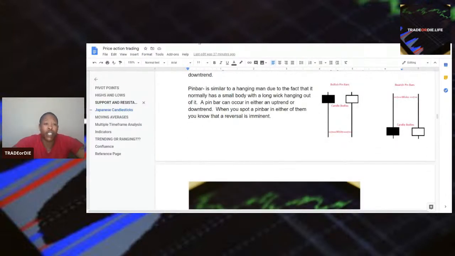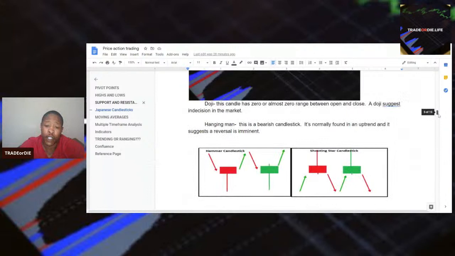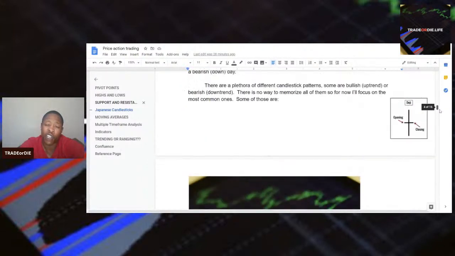Basically, with these candlesticks, if they're spotted in a trend, that means the trend is about to end. I cannot stress this enough: technical analysis is all about pattern recognition, spotting the trend, spotting the patterns that are about to happen. So when you start seeing these pin bars, shooting stars, these crosses, you'll notice a trend's about to end.